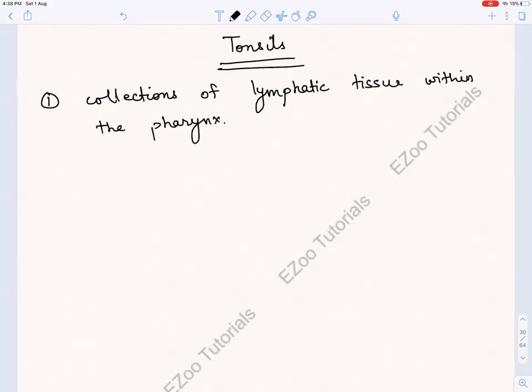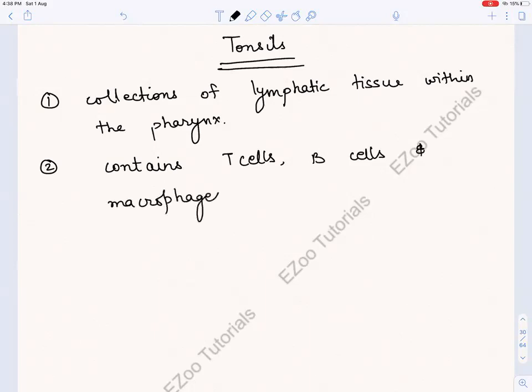They help in fighting infections because these are lymphatic tissues, right? They contain T cells, B cells, and macrophages for fighting of the infections.